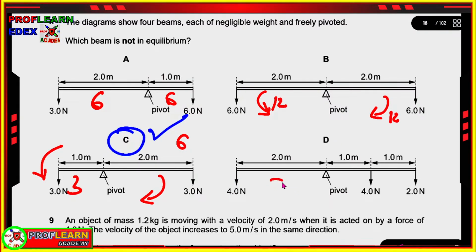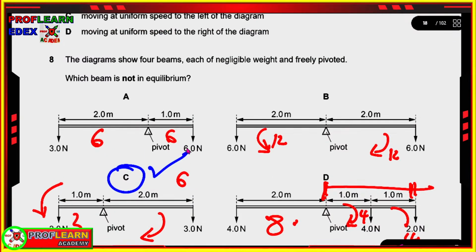This one is going to give us 8, and on the other side, from the pivot to the end is 2, times 2 gives us 4, and also 4, so 4 plus 4 gives us 8. So the correct answer was found by Cooked. Okay, Cooked, that was great. Yes, that's C. Well done.